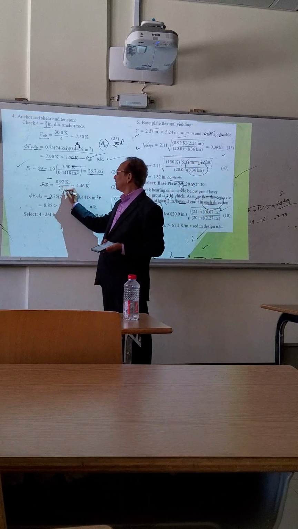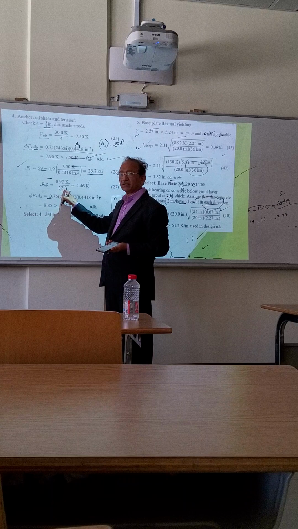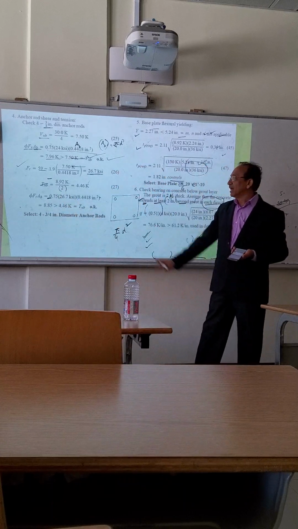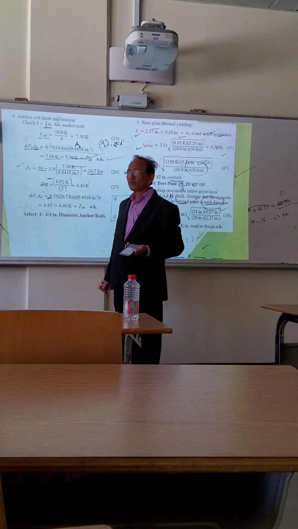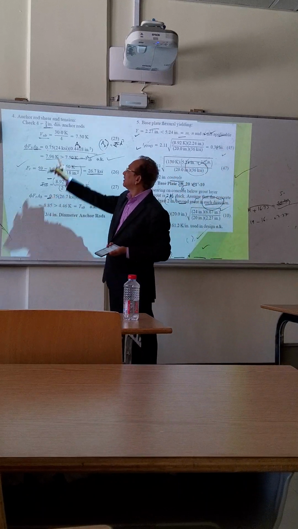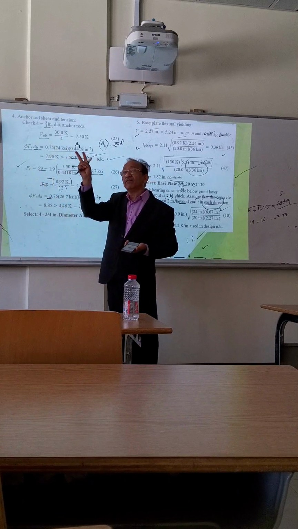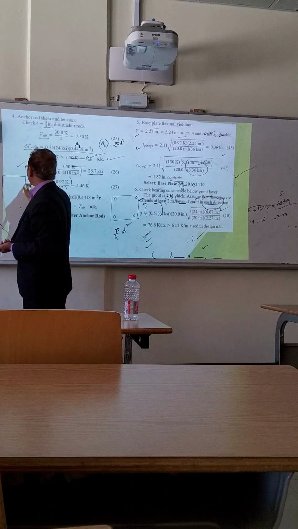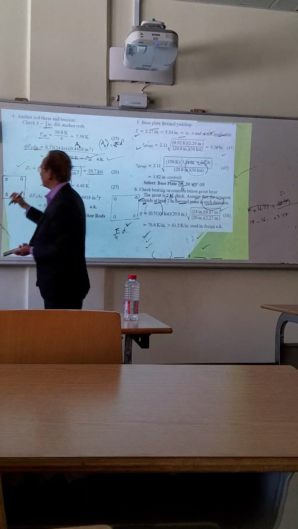Why do we divide by 2? Why not 4? This was the total force. I told you that we are taking 4 bolts. Only the outer bolts will be taking the tensile force, so two for tension.